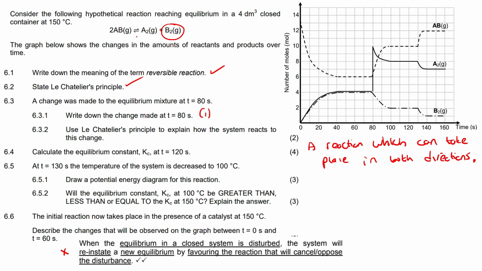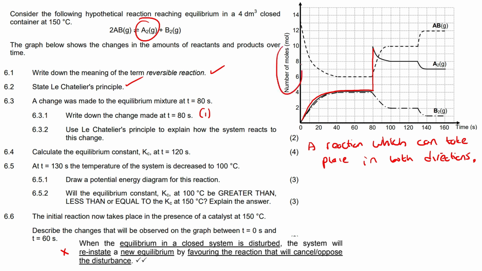Okay? But if we look at A2, A2 is the solid line. If you see at 80 seconds, it has a drastic spike. And so what they have done is they've increased the amount of A2. So maybe they added some A2 into the container. Maybe they opened the container, quickly added in some more A2.